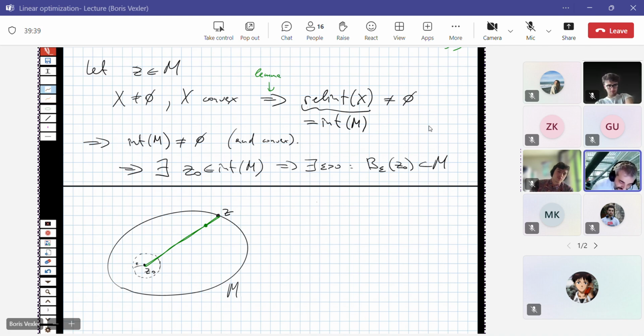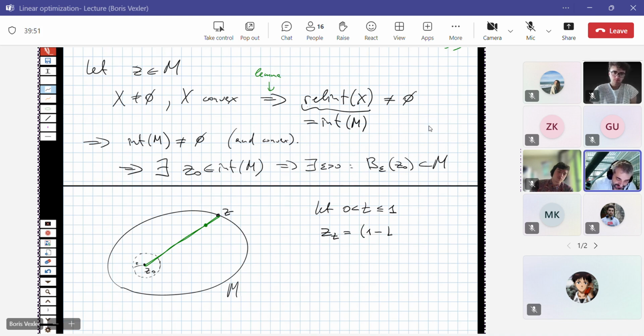Let us write it down. Let t be larger than 0 and less or equal than 1, strictly larger than 0. And we consider Zt, which is equal to (1 minus t) Z plus t Z0. Okay, this is such a point, Zt.